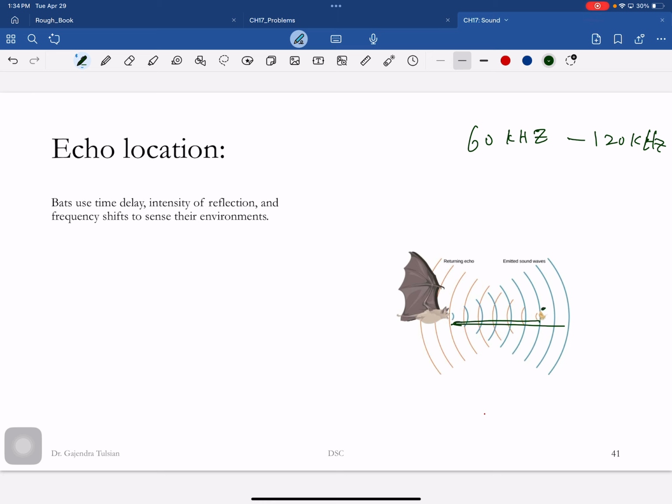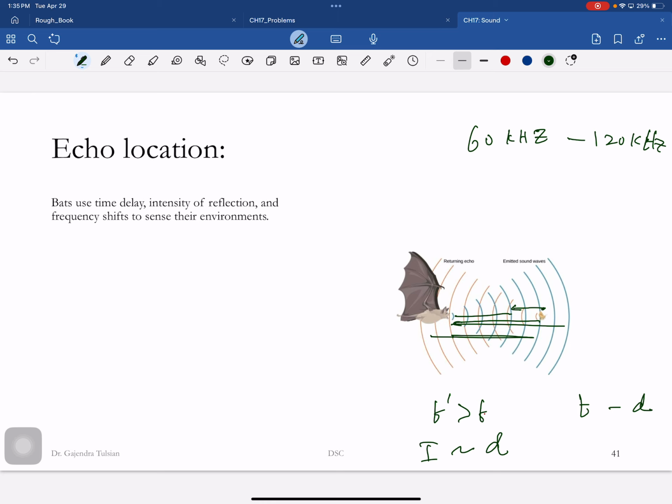If the object is coming toward you, then the reflected pulse has a higher frequency than the pulse you sent. From the intensity of the sound reflected, you know the size of the object. From the time delay, you know how far the object is.